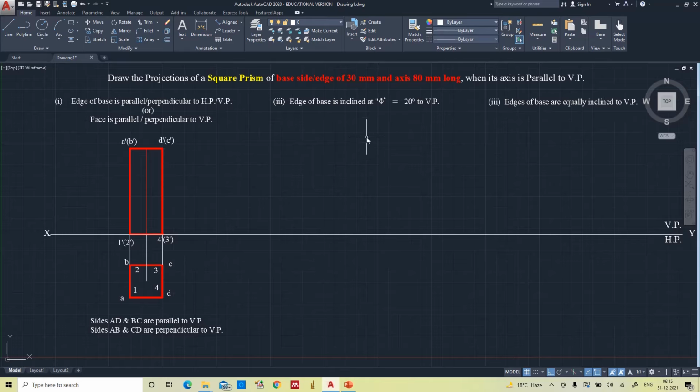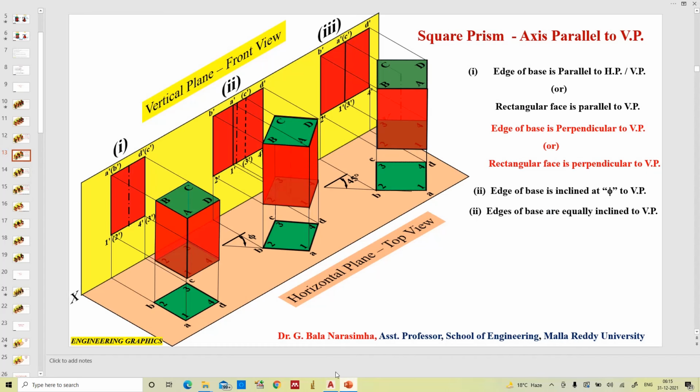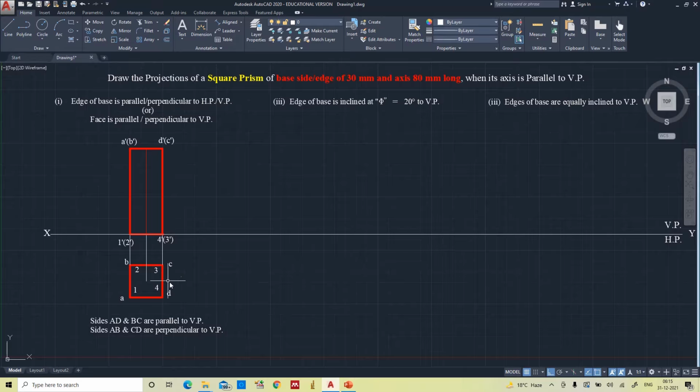And now when the edge of the base is inclined at certain angle to vertical plane, here you can see just we are treating any one of the edge 20 degrees to vertical plane. So now instead of drawing, I am copying it the same dimensions, right?